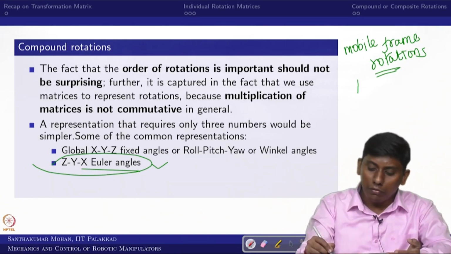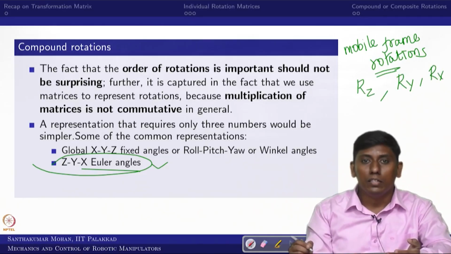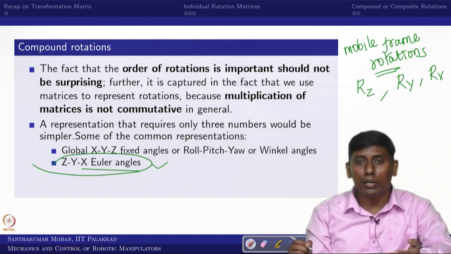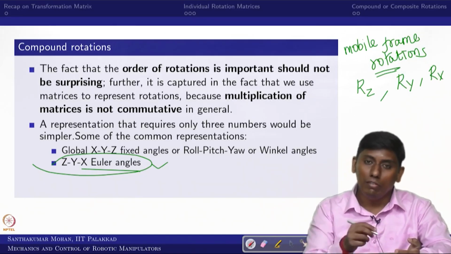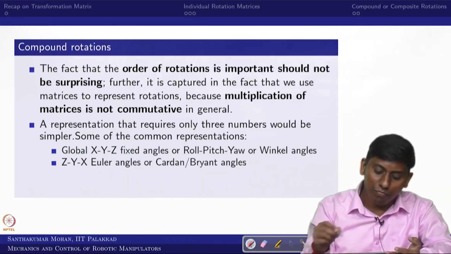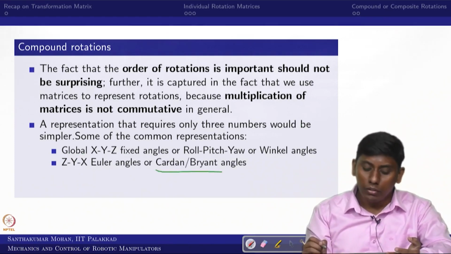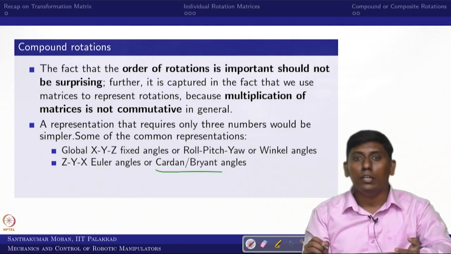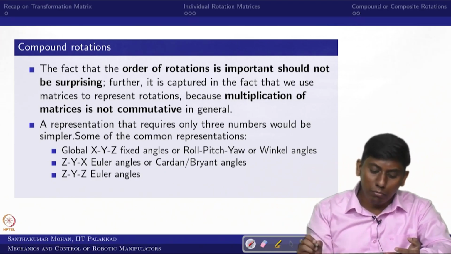First we rotate about Z, then Y, and finally about X. Some people call this local RPY, but local RPY is slightly different, which we will see in the next convention. This was given by Cardan or Bryant, so some people in the European community call it the Cardan angle or Bryant angle. These are the same as ZYX Euler angles. Let us move to the next one.